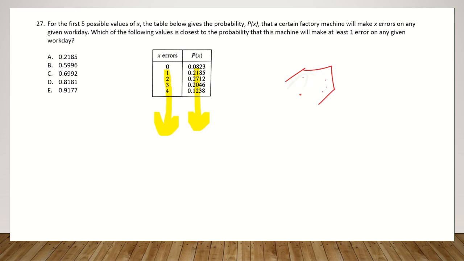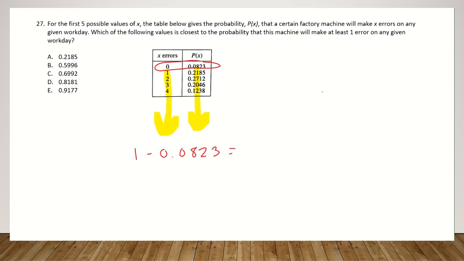So if we want to know everything but 1, the probability of everything happening except for 0 errors, we can take 100% in decimal form, that's the whole number 1, and subtract out the probability of 0 errors happening.